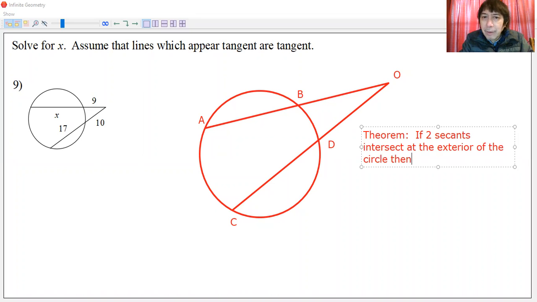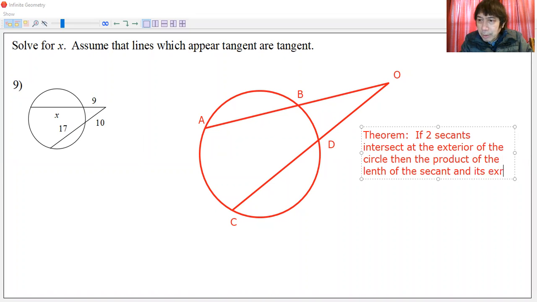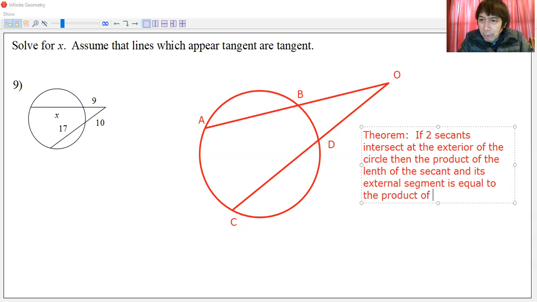then the product of the length of the secant and its external segment is equal to the product of the other secant and its external segment.